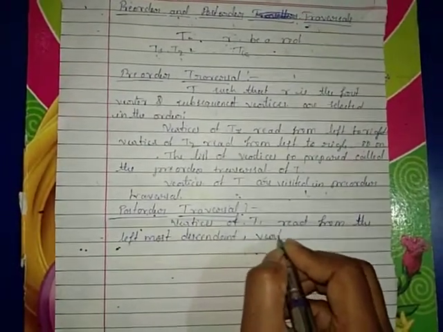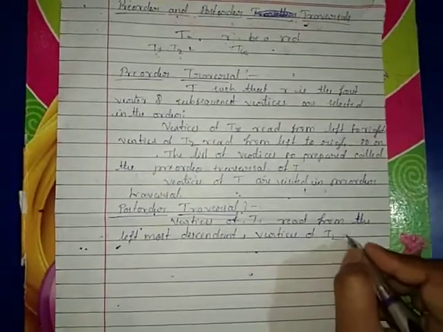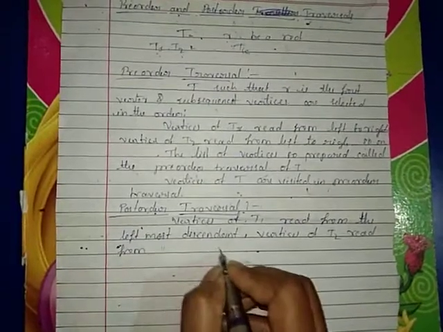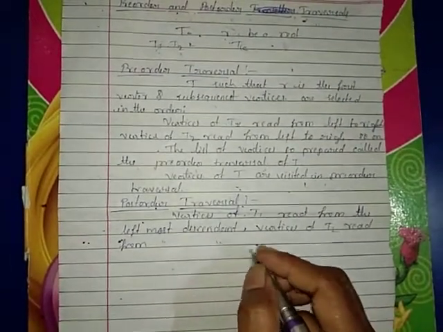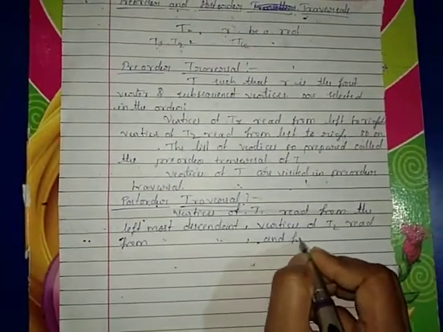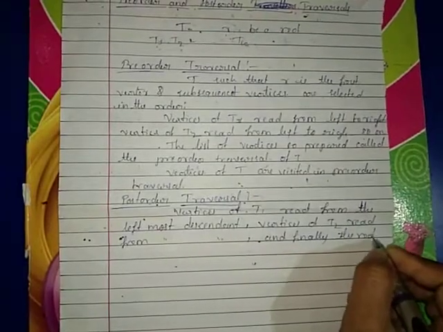Next, the vertices of T2, also read from the leftmost descendant, and so on. And finally the root R.